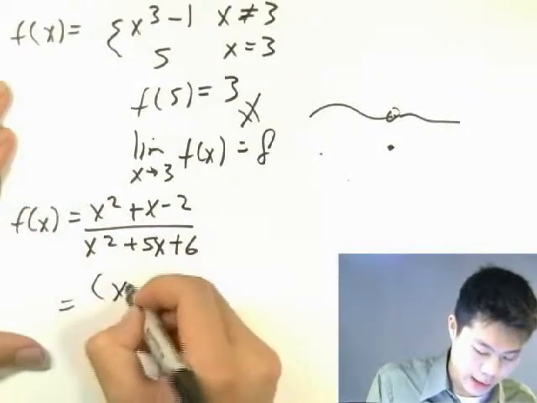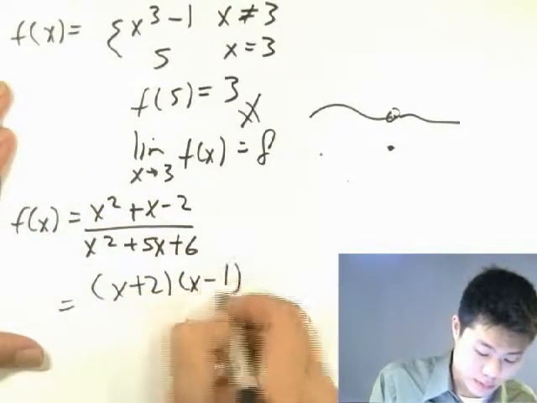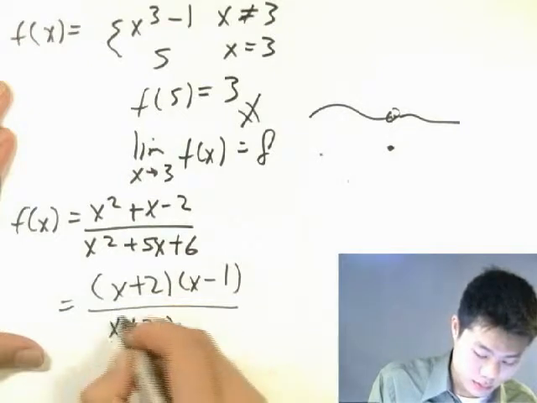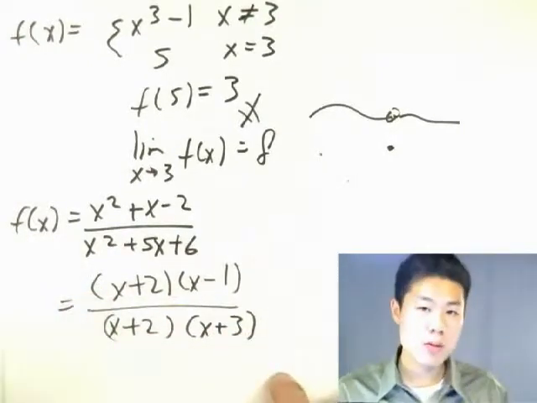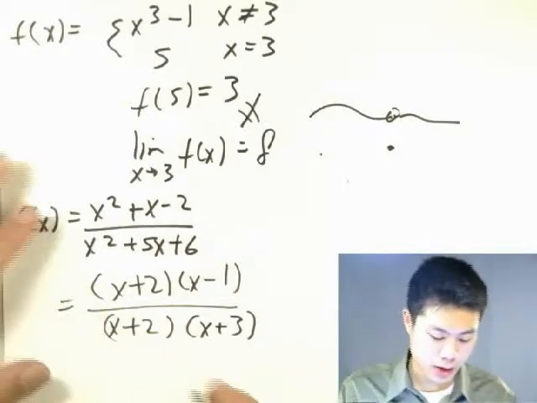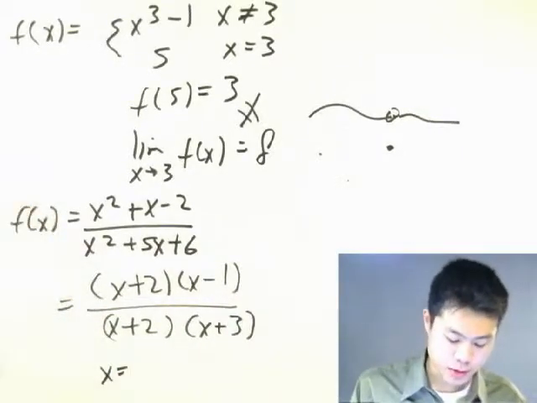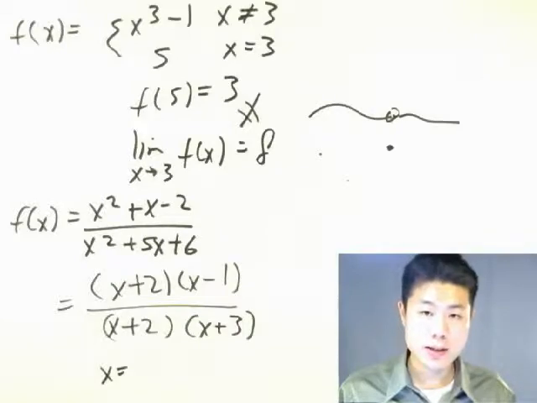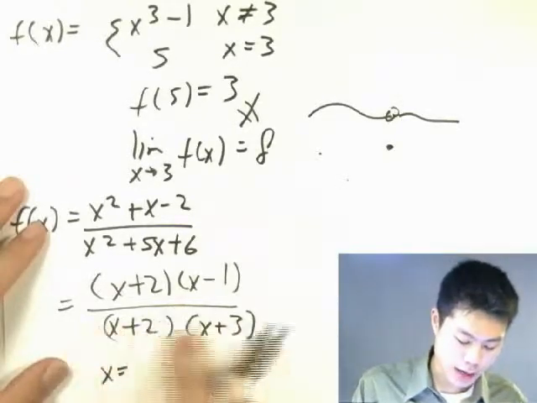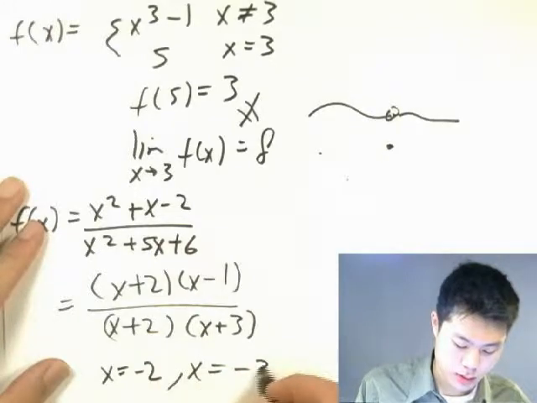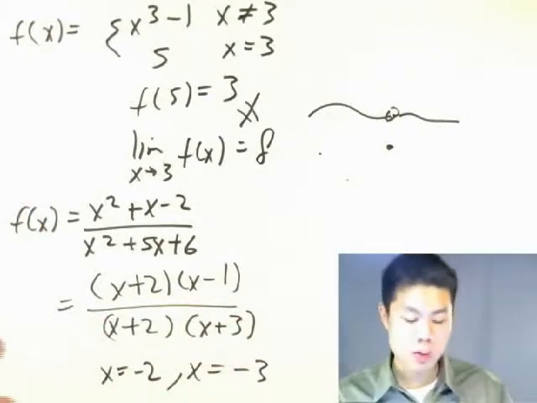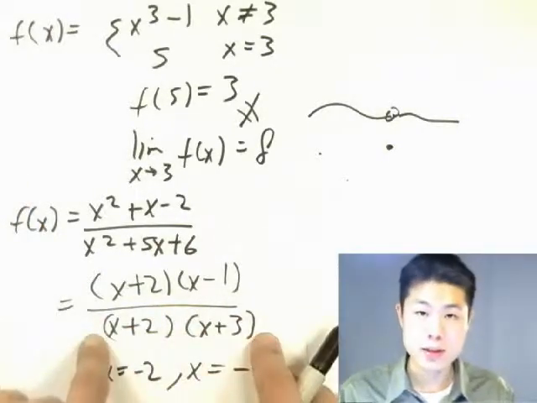Okay, so let's factor that out. So first of all, where is the function discontinuous? It's discontinuous at x equals -2 and x equals -3. So it's going to be discontinuous wherever the bottom is equal to 0.